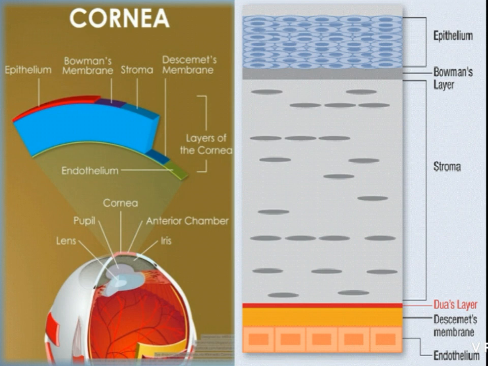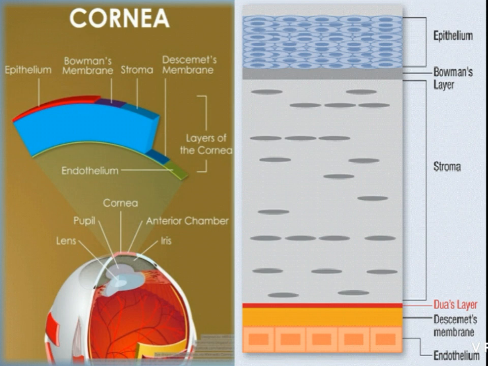Before Descemet's membrane, the red part you can see in this image is Dua's layer, or the pre-Descemet's membrane, also known as Dua's layer. It was discovered in 2013. Then the last layer is the endothelium layer.